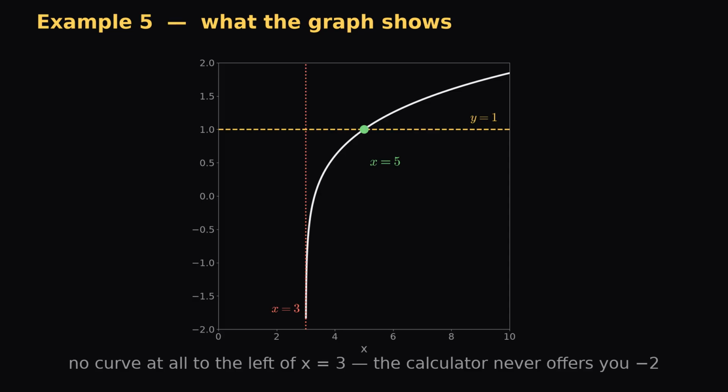So the answer is x equals 5 only, and you write the rejection down. And if you graph it, the picture makes the point for you. There's exactly one crossing at x equals 5, and the curve doesn't even exist to the left of x equals 3. The calculator never offers you minus 2, because for the calculator, that point isn't on the graph.